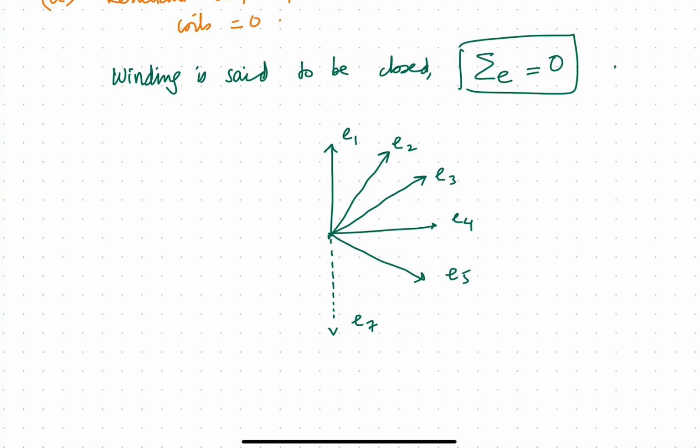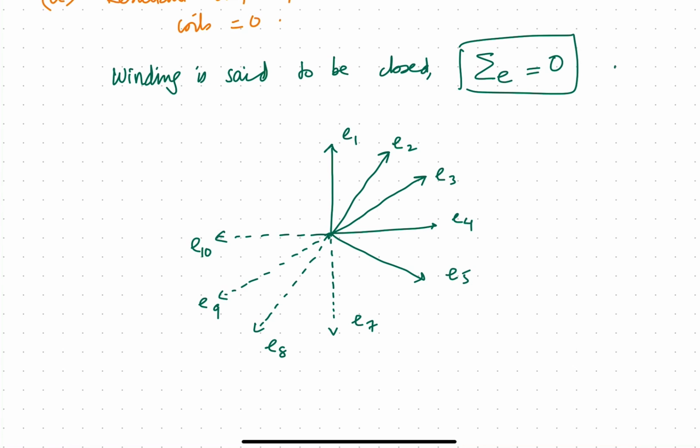Then we would have a winding here, EMF here. This would be E8. This would be E9. This would be E10.